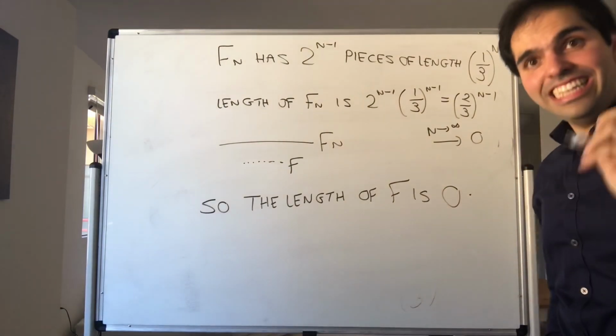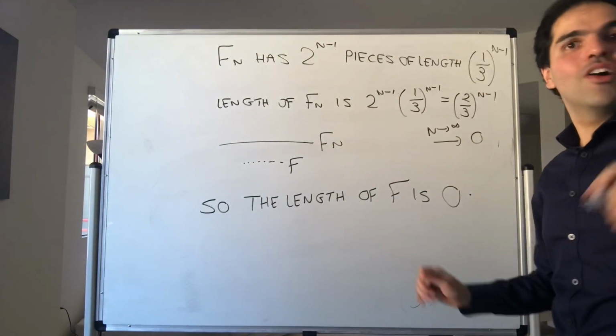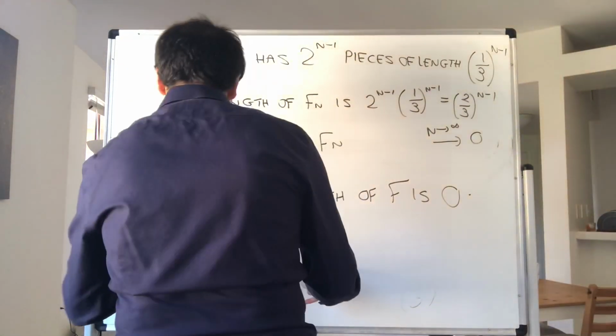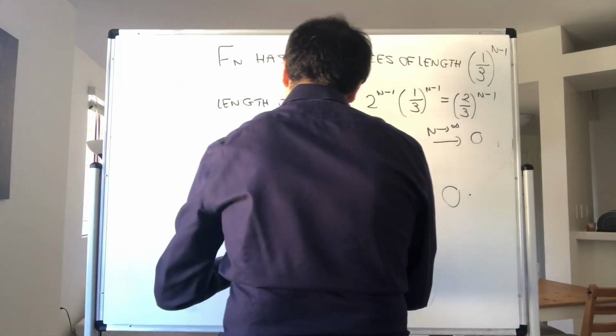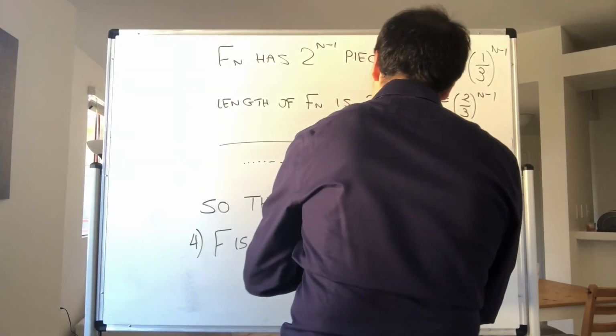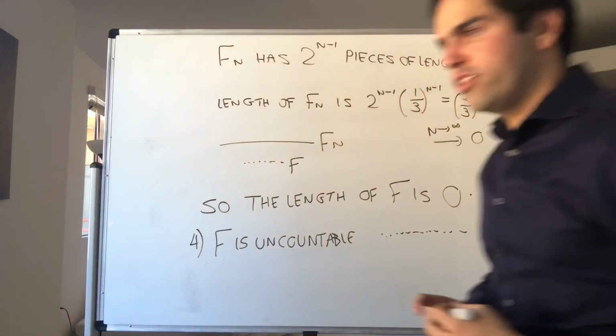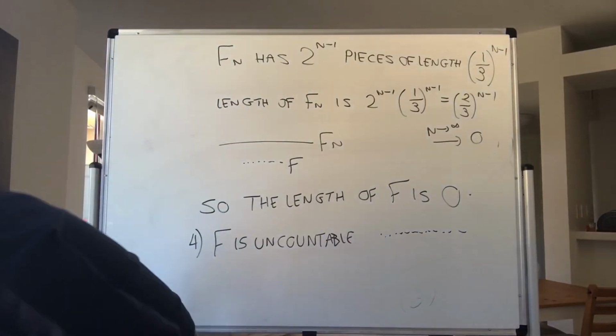That said, even though the length is 0, the cool thing is F is uncountable. So you have to picture F as being a huge amount of dust, which has size 0.